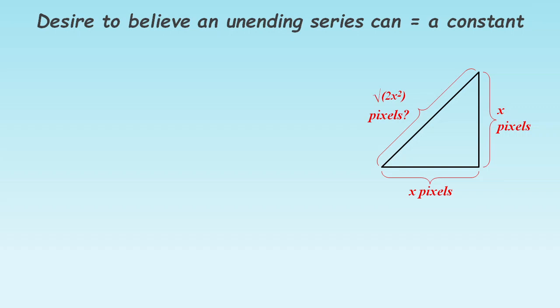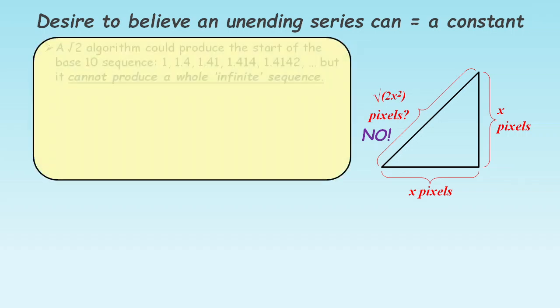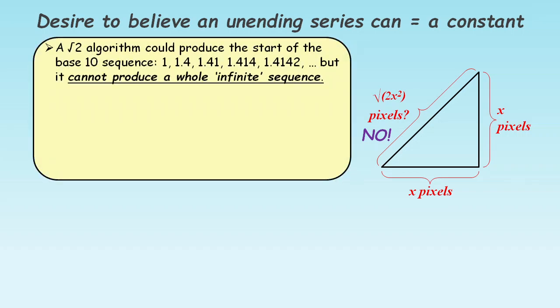But this can't happen, because any line on any screen will consist of a whole number of pixels. And so we can't actually draw a line that is exactly the square root of 2 of any unit of measurement. All we can do is draw a line that is close to some value in the sequence of values generated by a square root of 2 algorithm.